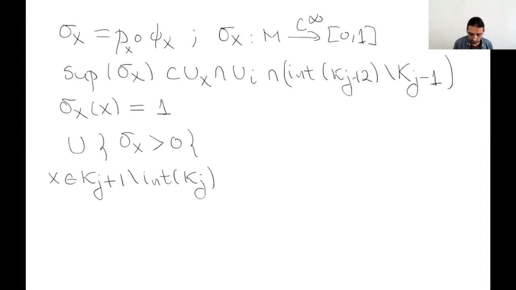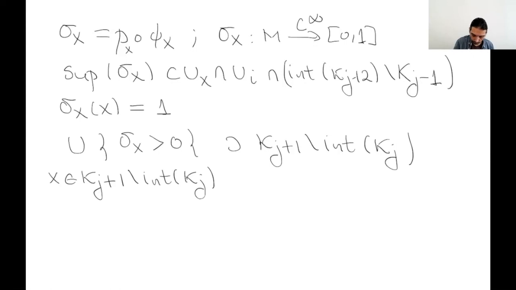And obviously, since x belongs to this set, we deduce that this union contains the compact set K_{j+1} minus the interior of K_j, right? Since we are considering an open cover of a compact set, there exists indeed a finite subcover.